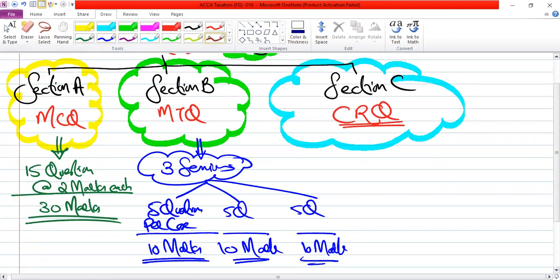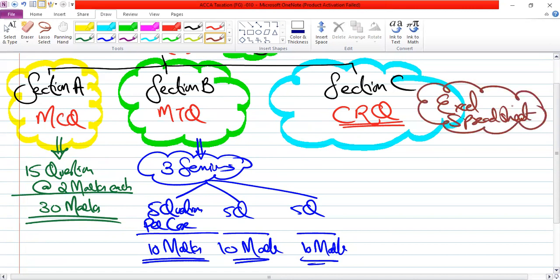Section C is new. If you have never sat any ACCA skills level paper till now, Section C is very new for you. In Section C, there will be an Excel spreadsheet, and you are going to write the answer.